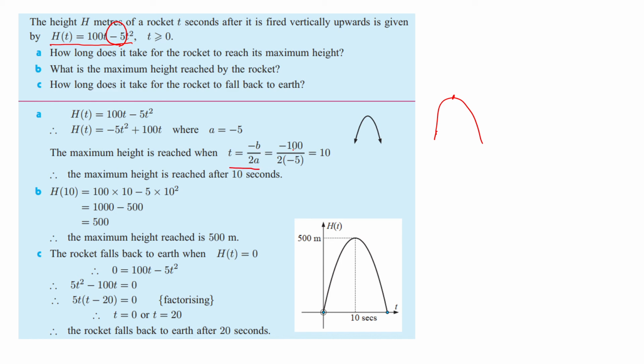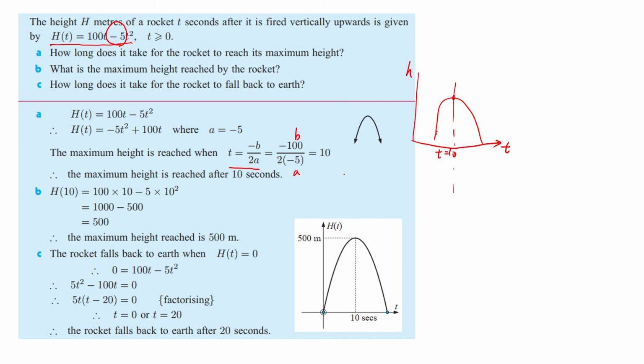Here b is 100 and a is negative 5. We can find the vertex where t is equal to 10, the x-coordinate of the vertex. That means when t equals 10, it reaches the maximum value. This is t, this is h.